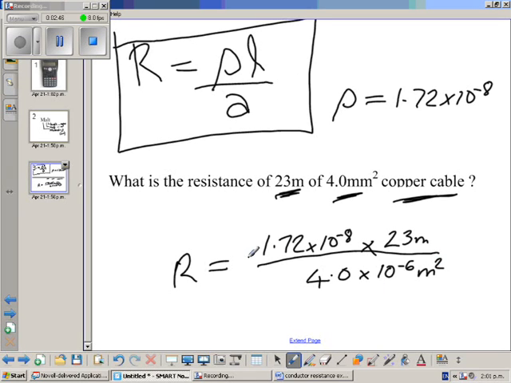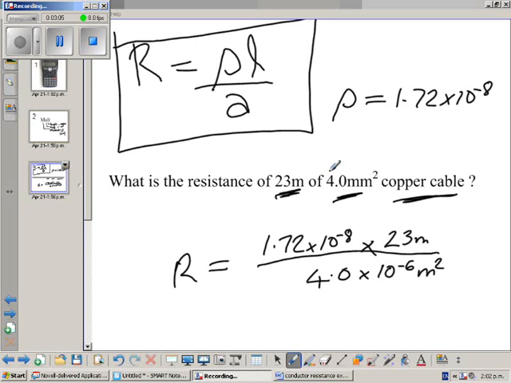Let's just look at that last number now. In our formula, length is given in meters, so we have to provide the length in meters, which we did, 23 meters, and area is also given as meters squared.